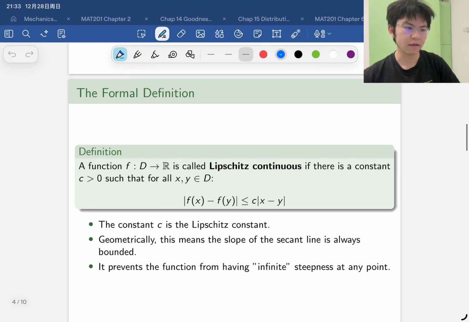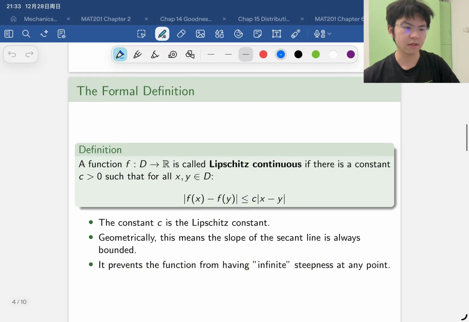Then the constant C is the Lipschitz constant. Geometrically, this means the slope of the secant line is always bounded. It prevents the function from having infinite steepness at any point.